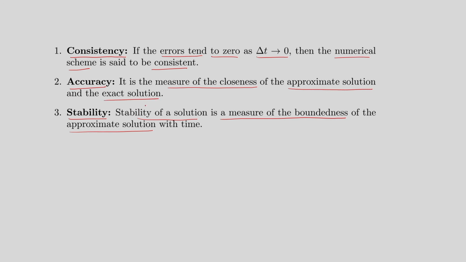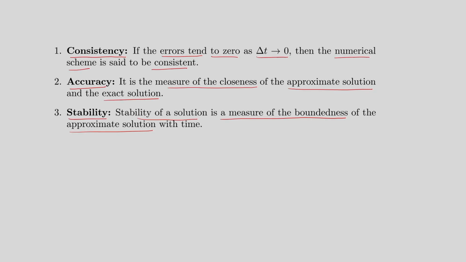Even if your numerical scheme is stable, if you take delta t large, your error will be large. Your error remains bounded, but it will be large, so your approximate solution will be inaccurate. That is what is meant by accuracy.